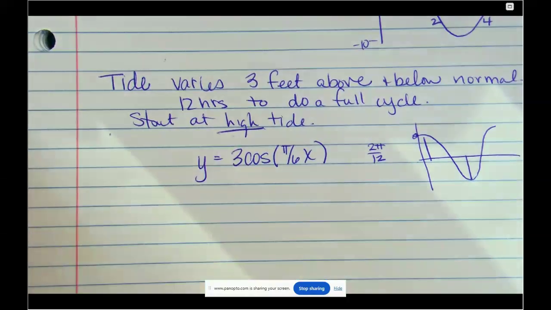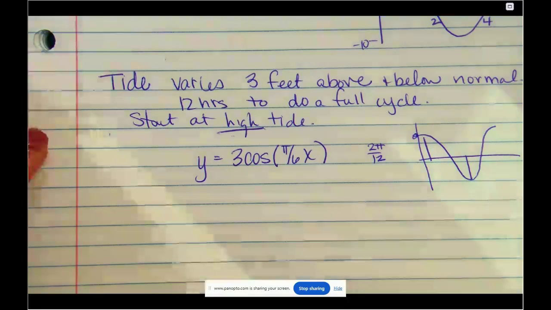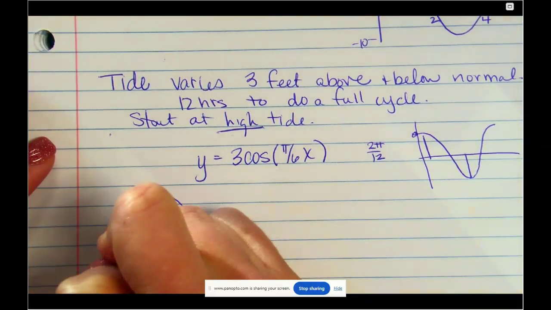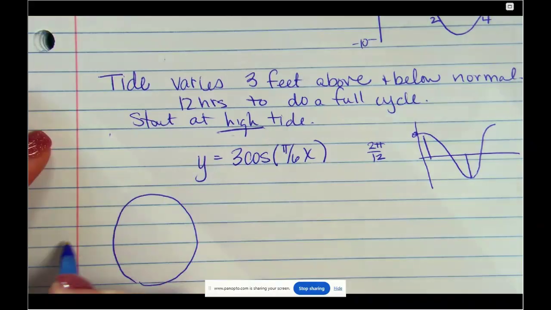Okay, let's do this one. Okay, let's say you've got a Ferris wheel. I'm not drawing the whole Ferris wheel because that takes too much time.